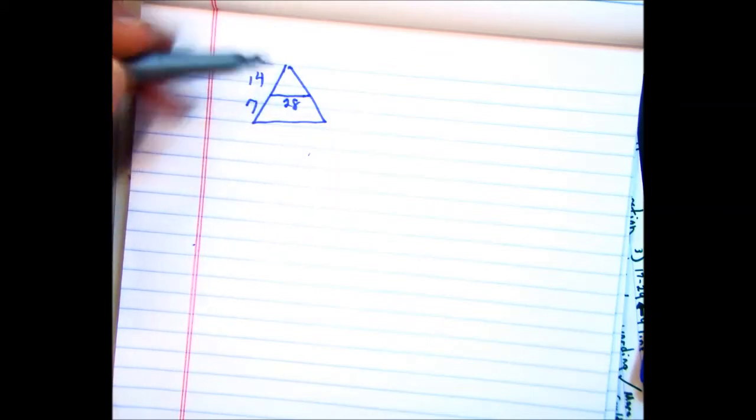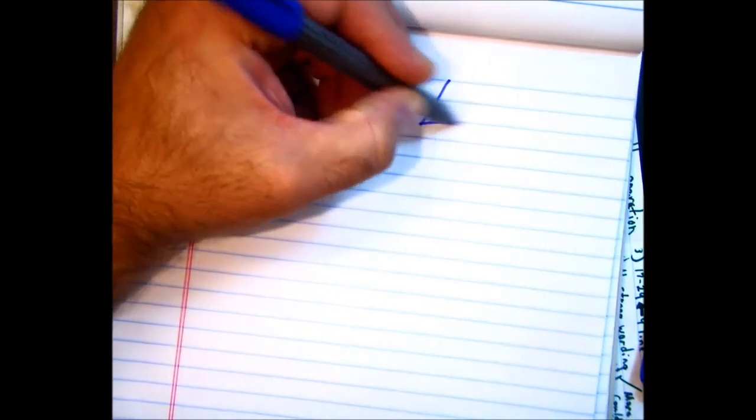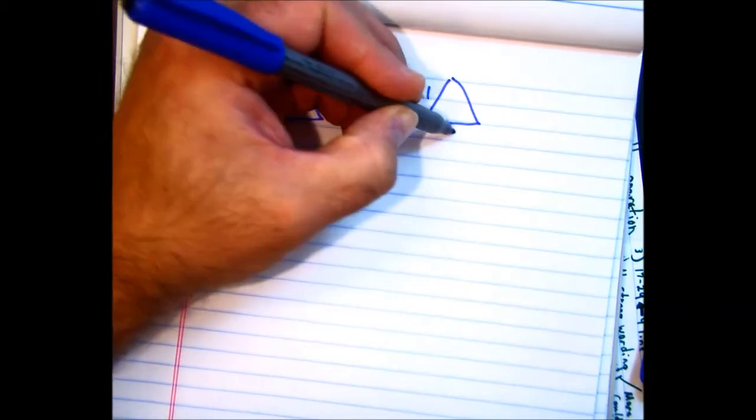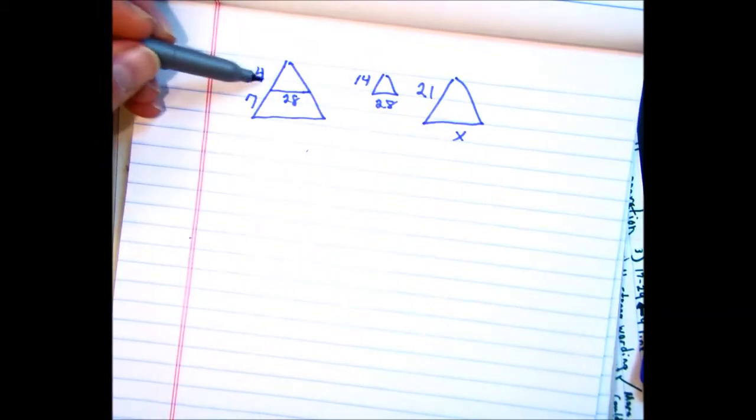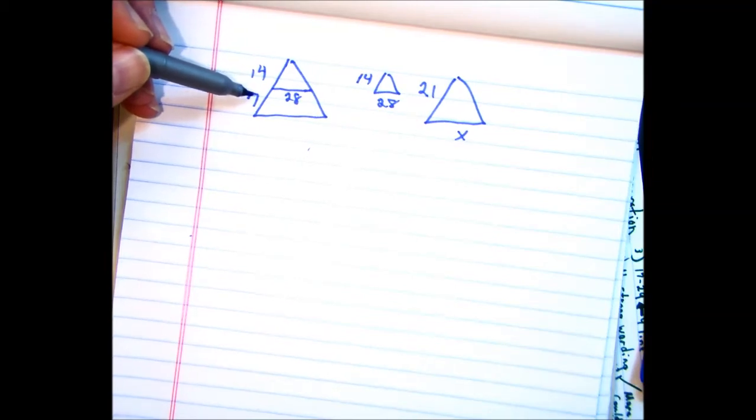We're using small triangle, big triangle. So here's the sides for my small triangle, 14 and 28. Here are the sides for my big triangle, 21 and x. Notice 14 is next to 7. When we have 2 things next to each other, you add them.